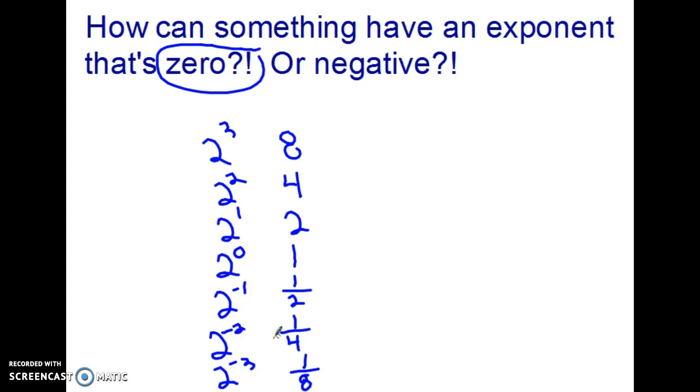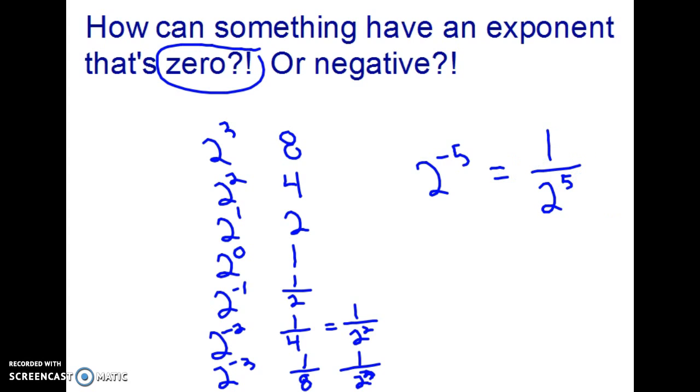Well, I want you to notice a cool thing here. 1 over 4 is the same thing as 1 over 2 to the 2nd power. And 1 over 8 is 1 over 2 to the 3rd power. So it looks like 2 to the negative 5 then would be the same thing as 1 over 2 to the positive 5. And that's how it works. If you have a negative exponent on something, you can just write it under a 1, 1 over 2 to the 5th.